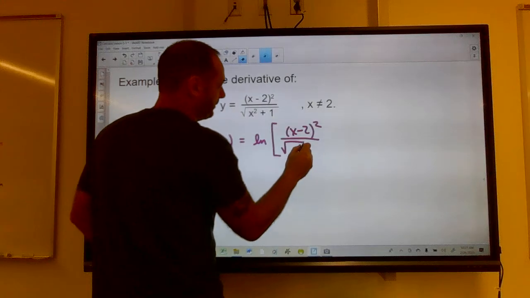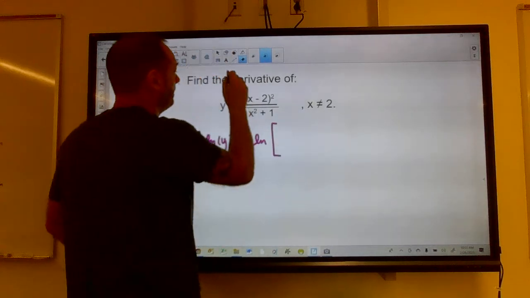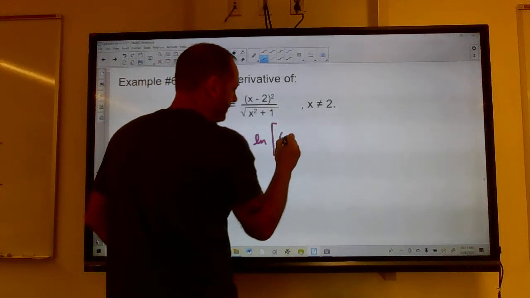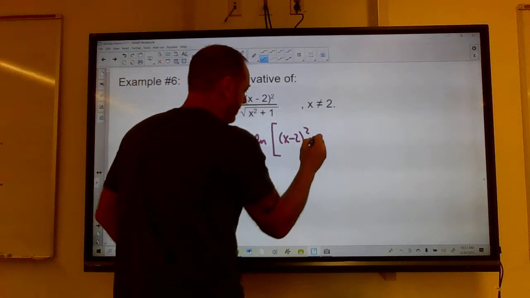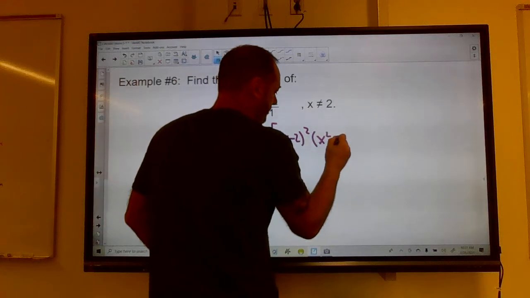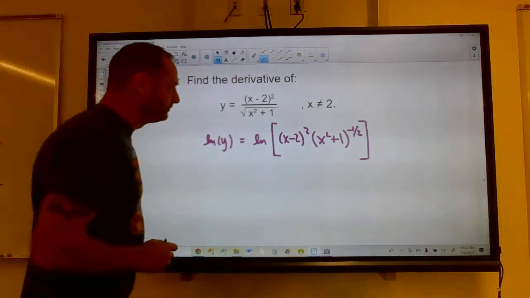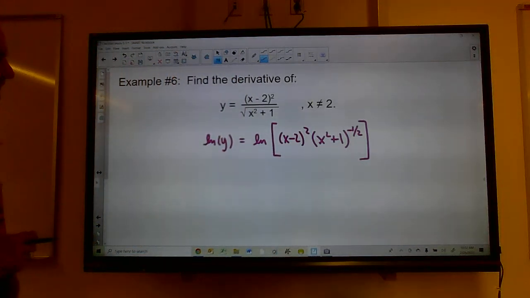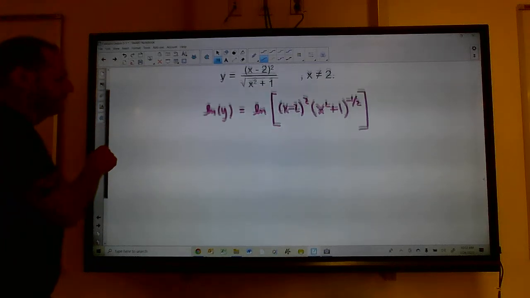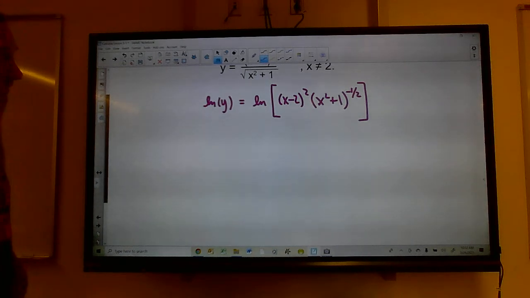You know what? Let's rewrite this right here as x minus 2 squared times x squared plus 1 to the negative 1/2. Okay. Now, here's where it's a little bit tricky to get here.